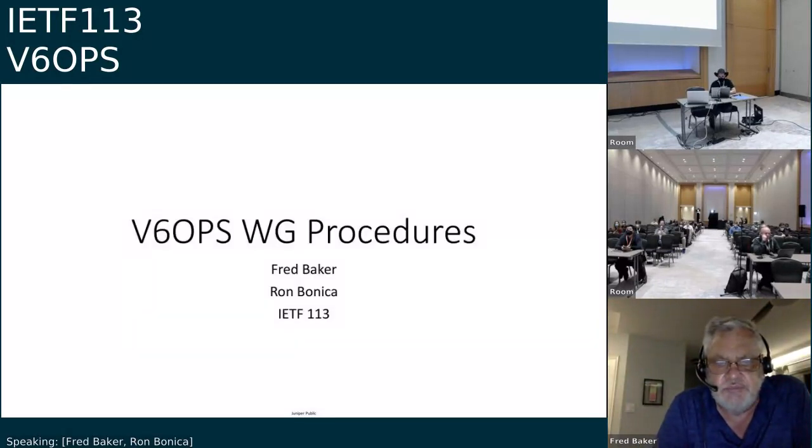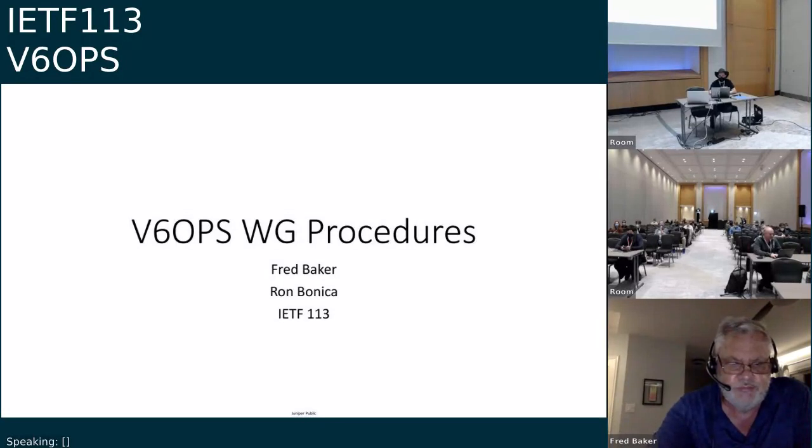Let's see. So the only set of slides that I see is deployment status, and I see two decks listed in the things, IPv6 deployment and IPv6 ops working group procedures. Those are the only slides that are loaded. Let's see if I can share from here.